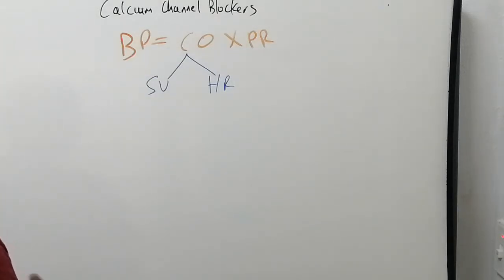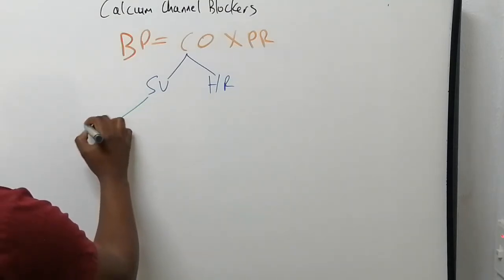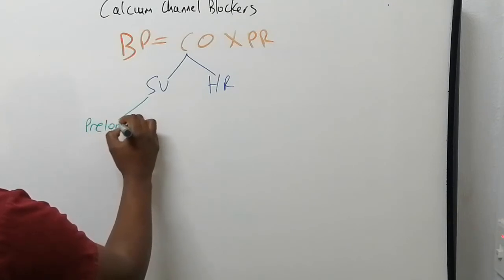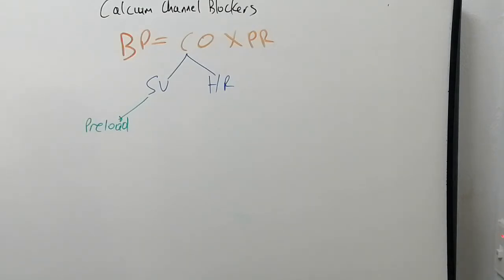So if we take it further down, we also understand that stroke volume is dependent on the preload. What is a preload? A preload is the amount of blood that makes it back to the heart from the inferior vena cava, basically. So the higher the amount of blood that makes it back to the heart as venous return, the higher your preload will be.